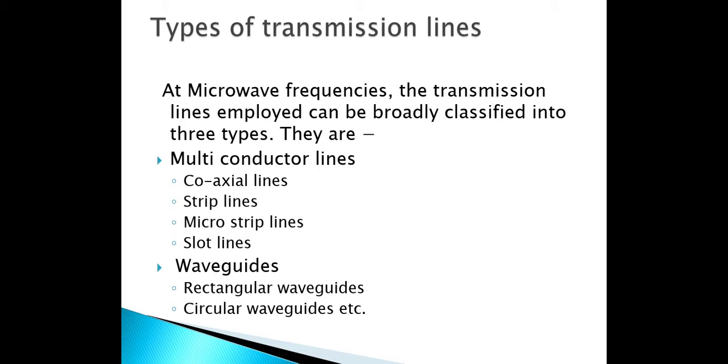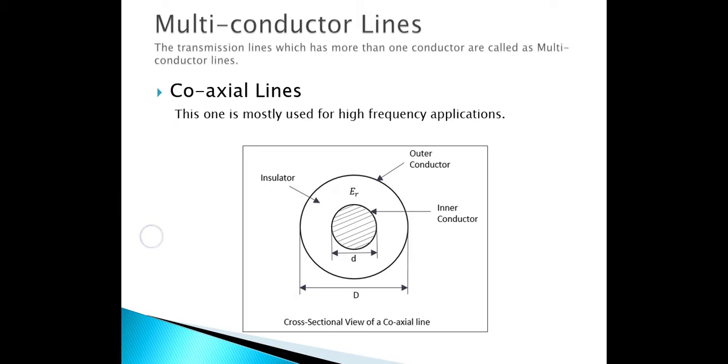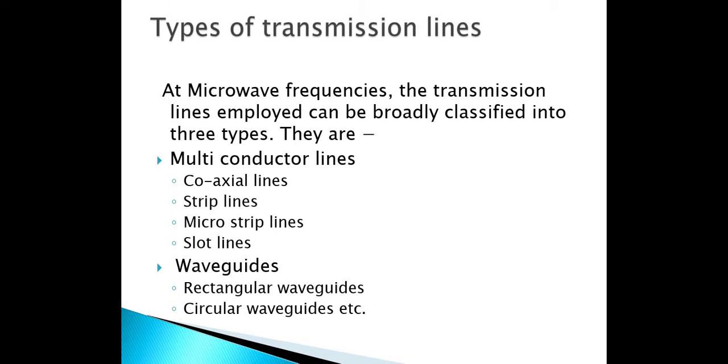At microwave frequencies, the transmission lines can be classified into three types, as below: multi-conductor lines, under which we have coaxial line, strip lines, microstrip lines, and slot lines.